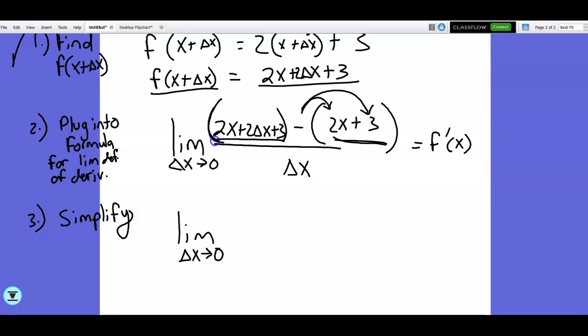And by the way, did you guys notice how I use parentheses here? I would highly encourage you guys to use parentheses. Otherwise, you're going to mess up on your distribution, or you'll be more likely to. So we have 2x plus 2 delta x plus 3. And then we're going to distribute. And after you distribute the negative, it becomes minus 2x minus 3.